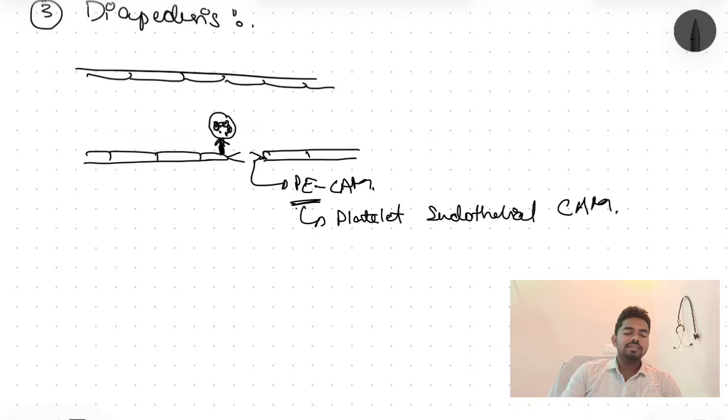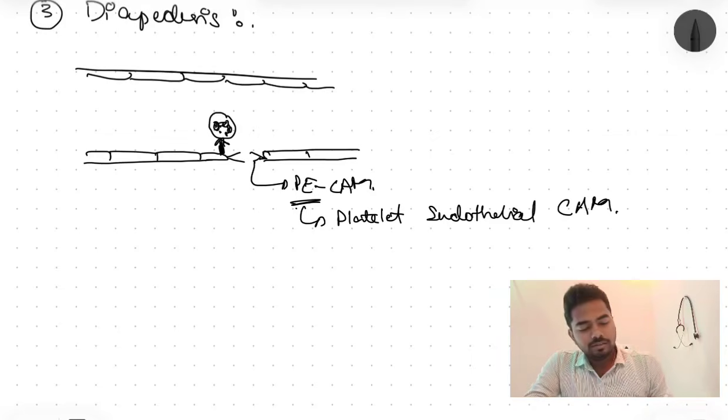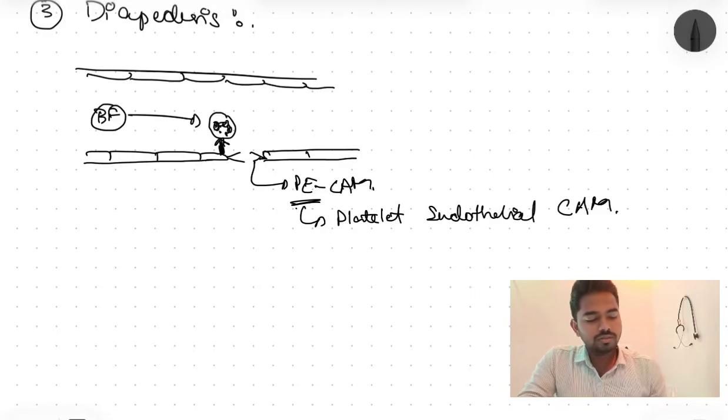Now what happens, guys? Blood flow is not sufficient; it has no effect to push the neutrophil forward. But this PECAM can attract and it can break the bond. Even though it is a strong bond, PECAM can break this bond.